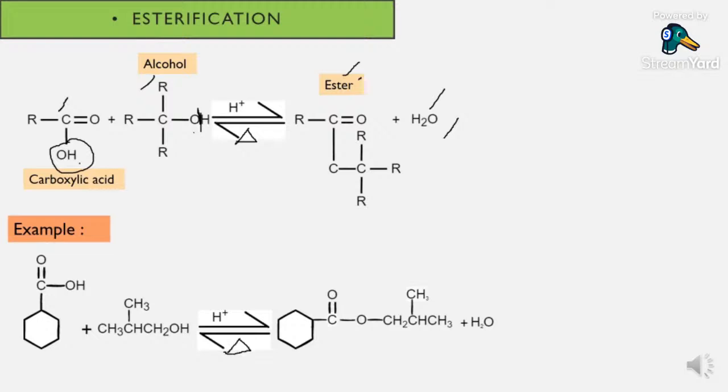So carboxylic acid will lose OH over here, while alcohol will break the OH bond over here. When both of these combine, it will produce H2O. And we just copy back the remaining carboxylic acid and also the alcohol to form ester.